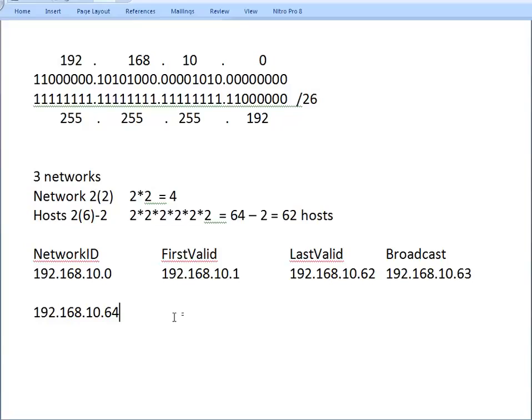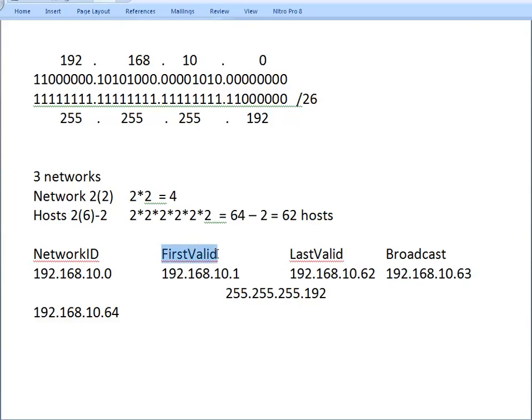Now, I just want you to remember that for the first network, the subnet mask, well, for all of them will be the same, and it's 192. So whatever IP address you are giving to the PCs, you need to give this subnet mask. You can't give this address because this is the network ID, and you can't give this address because this is the broadcast.